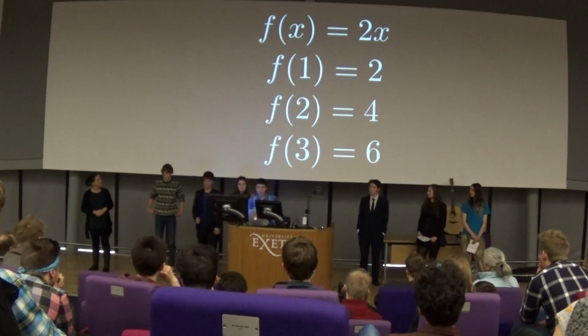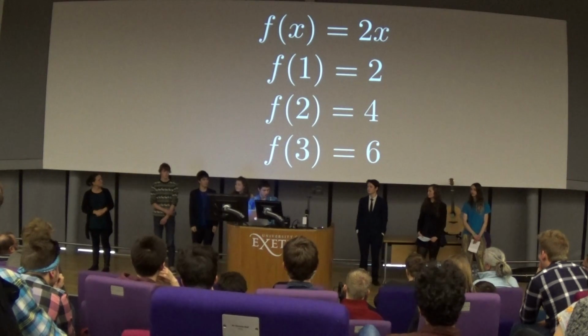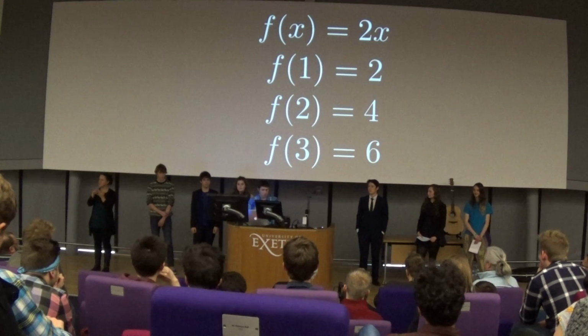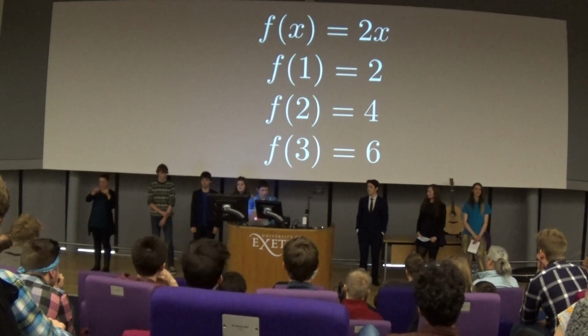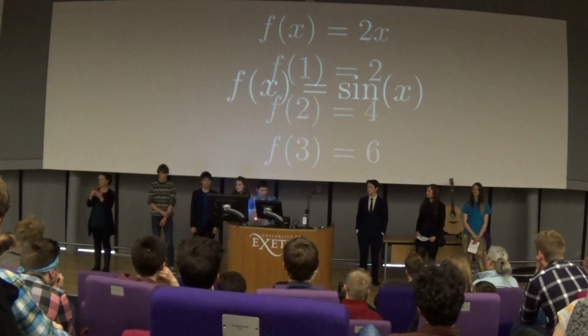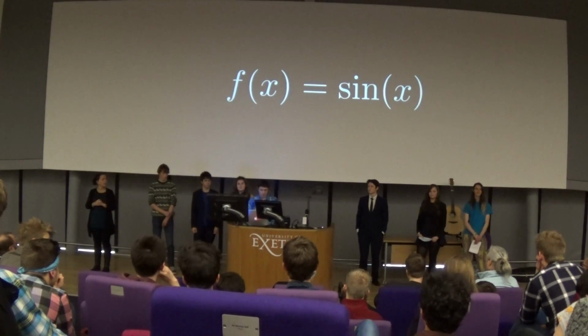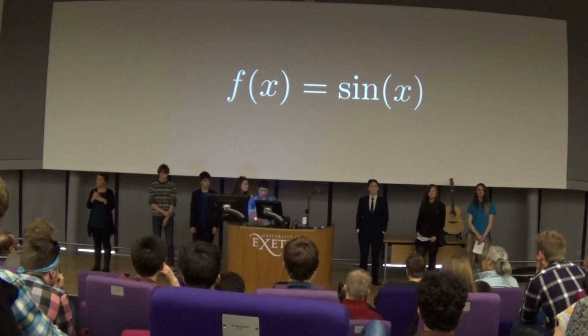So now I'm going to tell you about the periodicity of a sinusoidal wave or function. You probably ask yourself, what is a sinusoidal function? Well, a sinusoidal function is any function that uses the function of sine. So using Dennis's notation, you can say f of x equals sine of x. The function of sine is a periodic function.